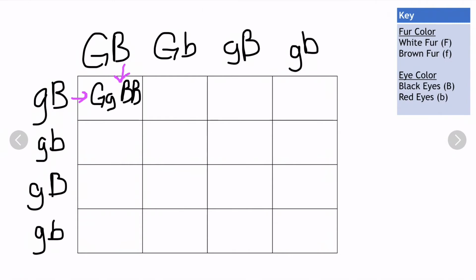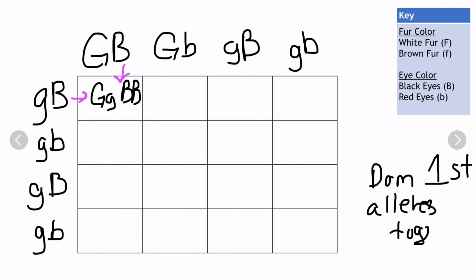And you notice a couple of things. One, I always wrote my dominant alleles first, and I also always wrote my alleles together. I kept my G's with my G's and my B's with my B's, right? So those are two formatting rules for you.